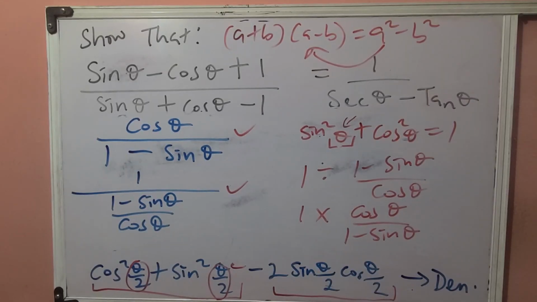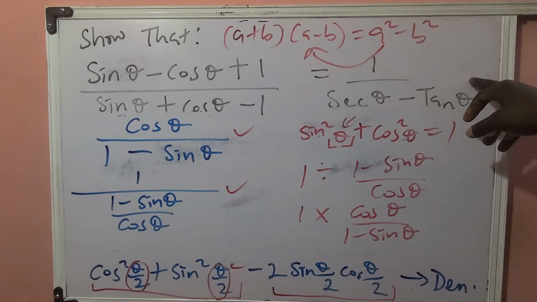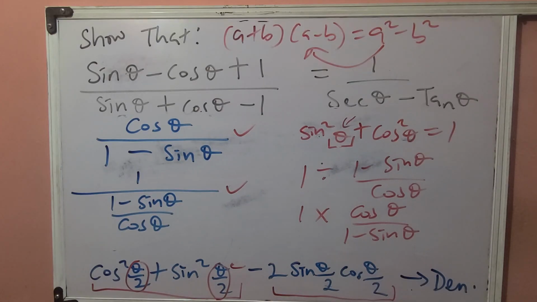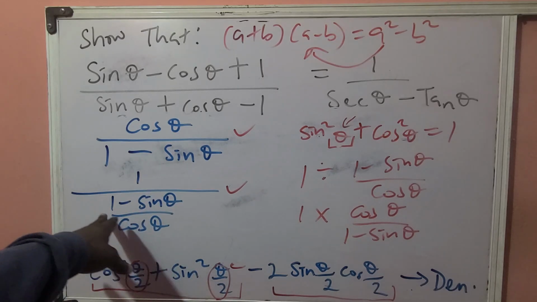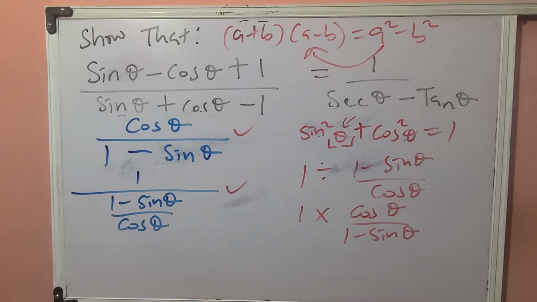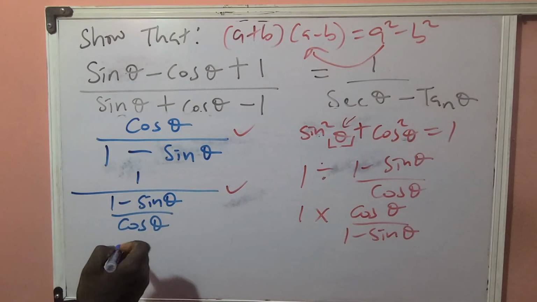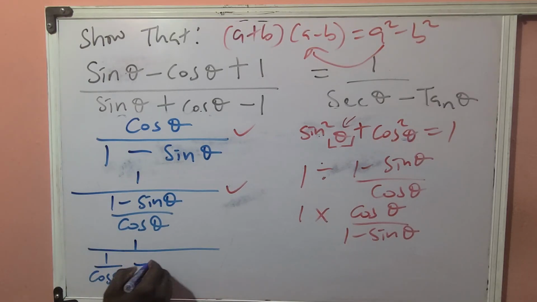All right, if you look through this, you can see that the solution to what you're told to prove is very much feasible. All you need to do now is to separate this fraction and you'll be seeing your answer. If you separate this fraction, you'll have 1 over cos theta minus sin theta over cos theta.